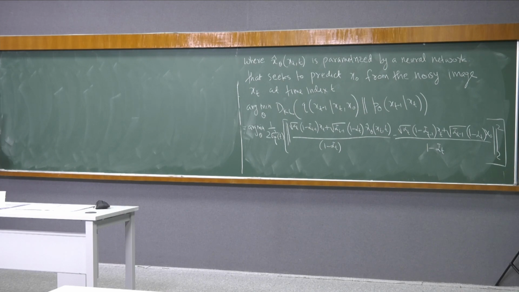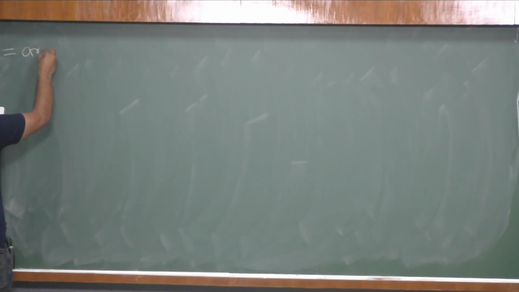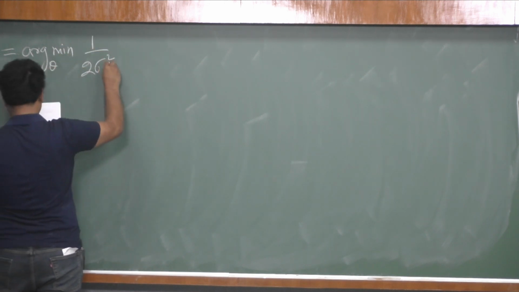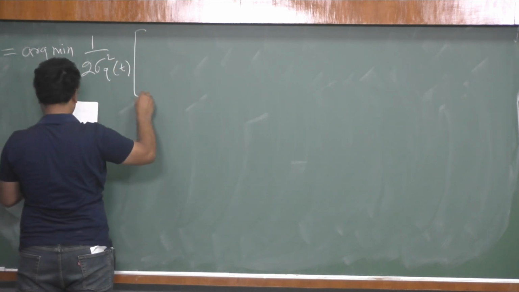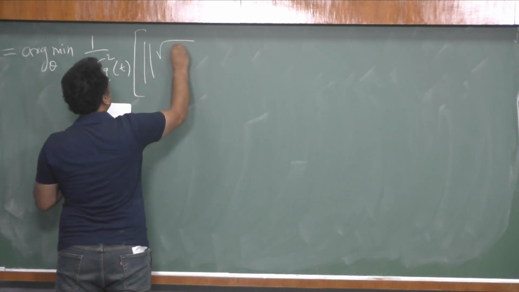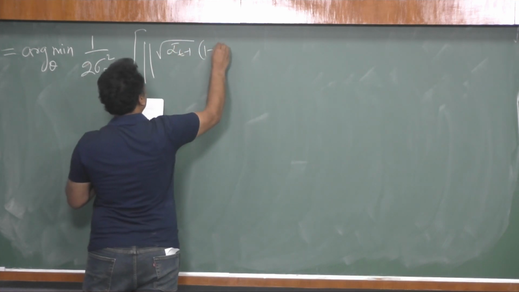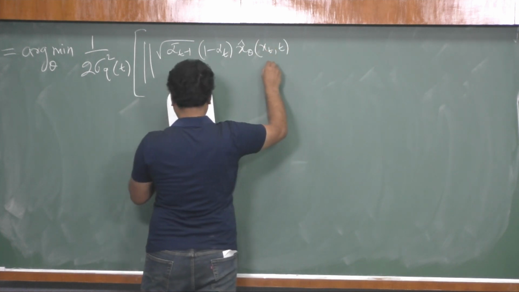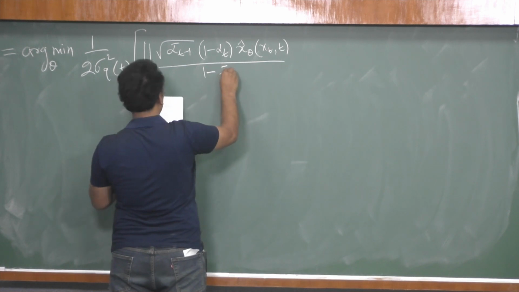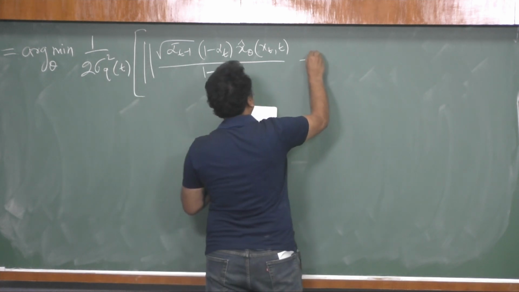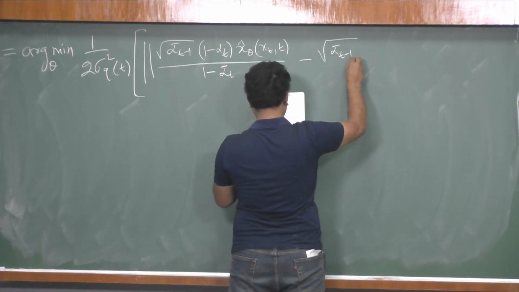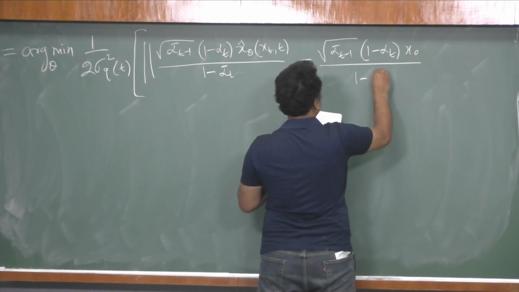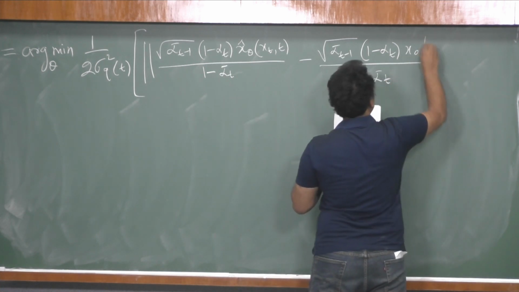As I said, the first term gets cancelled. So we have arg min theta 1 by sigma q squared t, and then we have the norm of square root of alpha bar t minus 1 (1 minus alpha t) x hat theta of x_t, t divided by 1 minus alpha bar t in the denominator, minus square root of alpha bar t minus 1 (1 minus alpha t) x naught divided by 1 minus alpha bar t, and we have this norm squared.